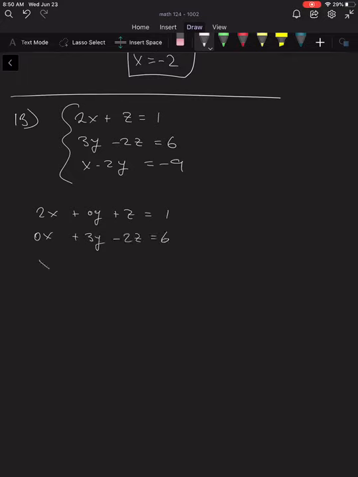And the last one, we have x minus 2y plus 0z is equal to minus 9. So it's still the same thing. We're just putting in those zeros as placeholders. And so now we still want to do that same thing. We just got to figure out how to get an equation with two variables and solve for that. So let's think.